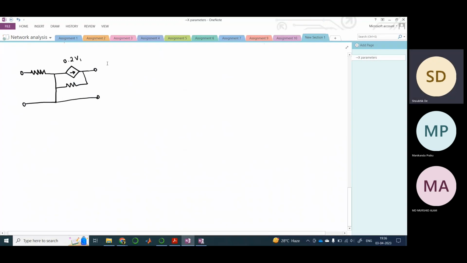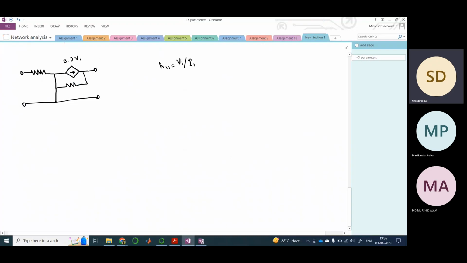What do we need to find? We need to find H11, which is V1 by I1. For the first thing, you don't have to do anything, right? Because H11 is V1 by I1, right?